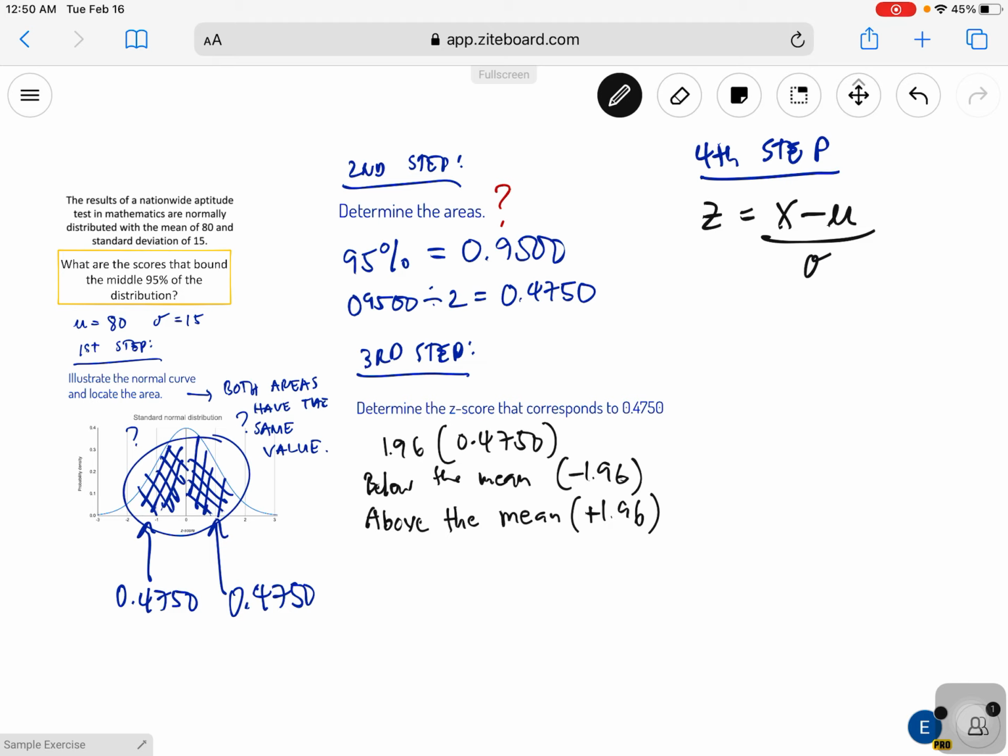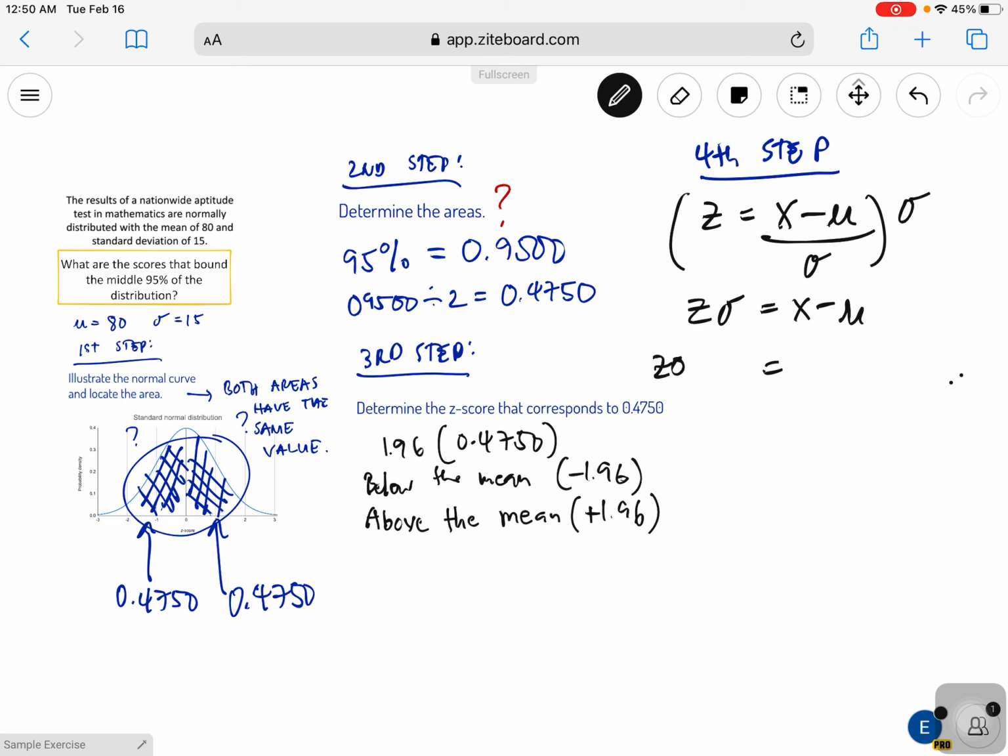So since we're trying to look for the raw score, let's just isolate x. To isolate x, we multiply sigma on both sides of the equation. You have here the z-score times sigma is equal to x minus mu, and after which we have to add mu to both sides so that we can totally isolate x on one side of the equation.